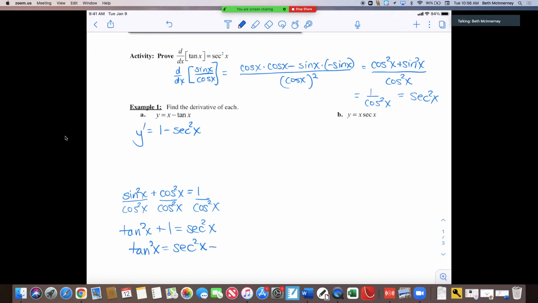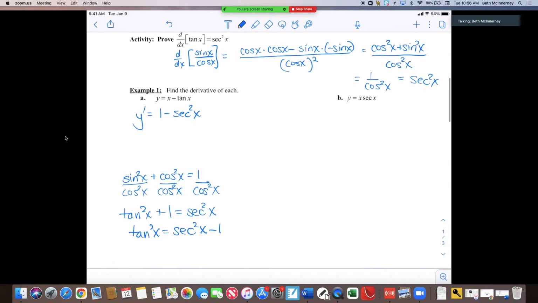And if I subtract 1, I'm almost there to what I have. If I multiply both sides by negative 1, now I have it.